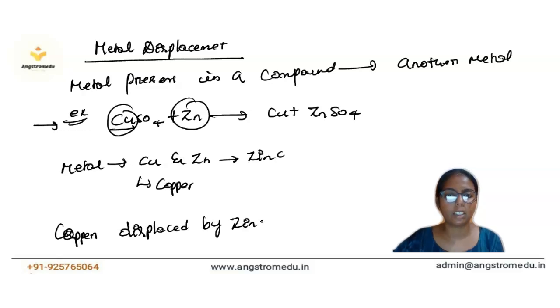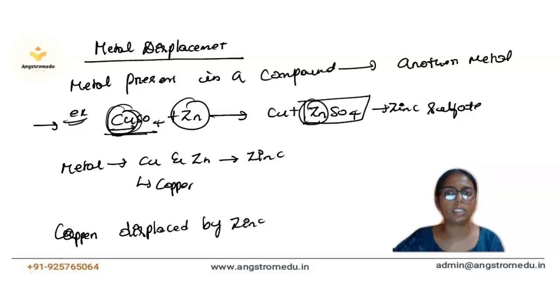Copper sulfate gets converted into zinc sulfate. So this is the zinc sulfate. Here the copper is displaced by the zinc. So this is an example for the metal displacement reaction. Here copper and zinc both are metals.